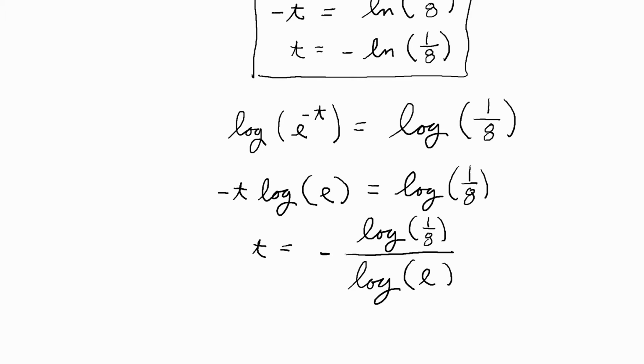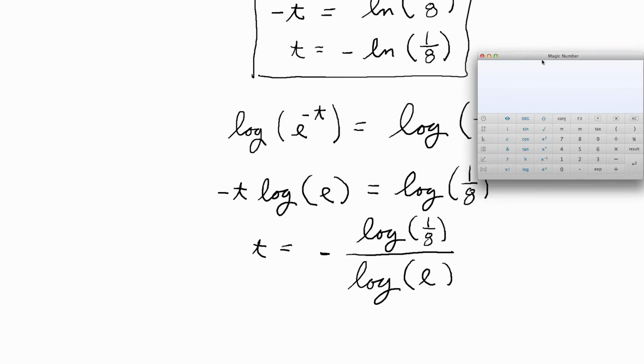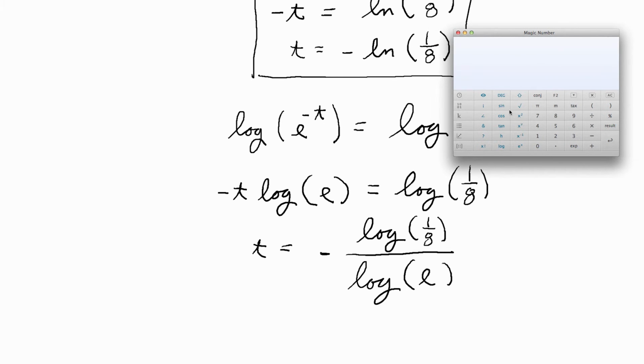Now I can use the machine at hand. Somewhere in this object there's a natural logarithm, but I only have this log here, so let's use that. I'm going to take the logarithm of 1/8, 1 divided by 8. Then I'm going to divide that by the logarithm of e, which means putting in e to the 1 power.